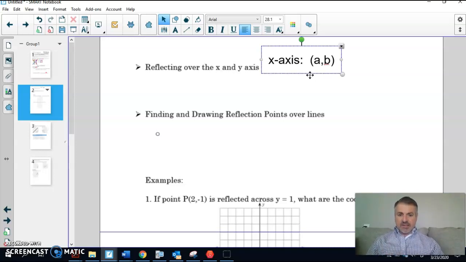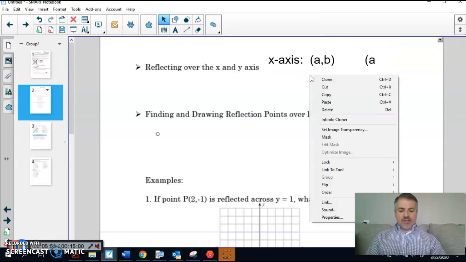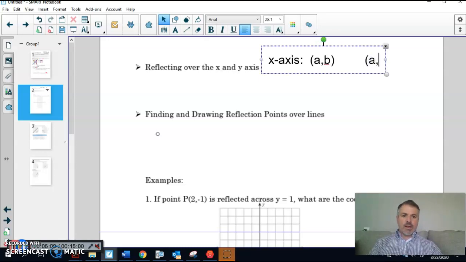Then I could take the image point, and remember, since I'm flipping it over the x-axis, that's changing its position vertically, so that changes it to the opposite of B. So that'd be (A, negative B).